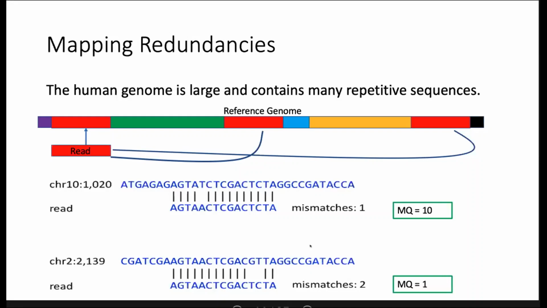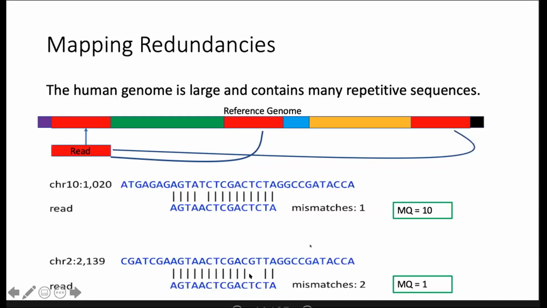You can imagine a scenario where, although there are two mismatches in the second read over here, the read quality of this TC is actually extremely low.